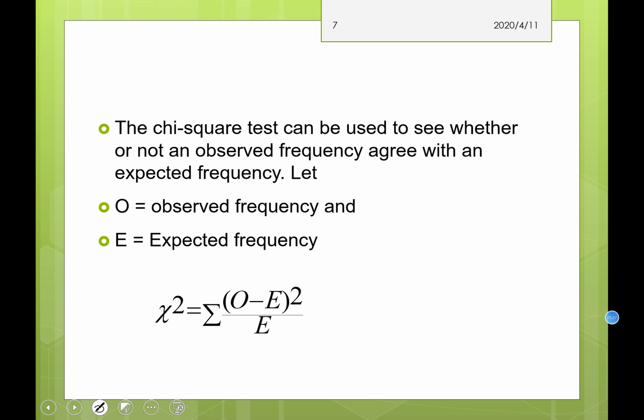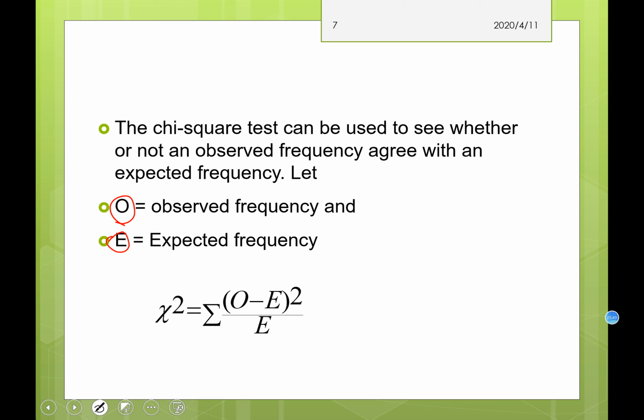Most often, we use the capital O to represent observed frequency, and the capital E means expected frequency. So this is accomplished by a hypothesis test using the chi-square distribution.